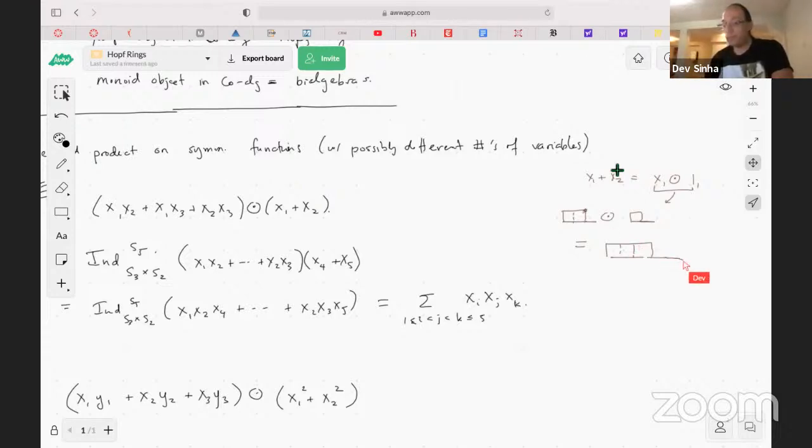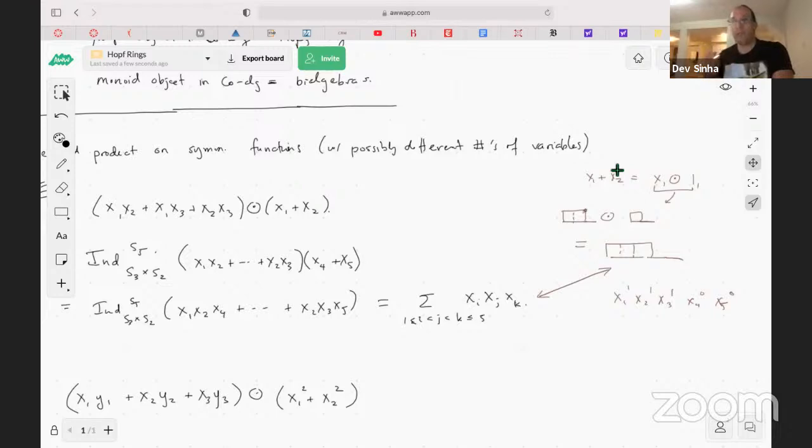So now this is exactly the representative of, you can start seeing that this is like x1 to the first, x2 to the first, x3 to the first, x4 to the 0, x5 to the 0, and then symmetrize. So that's one way to actually say what this dictionary is.